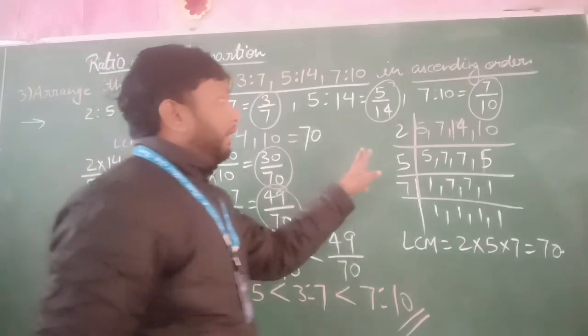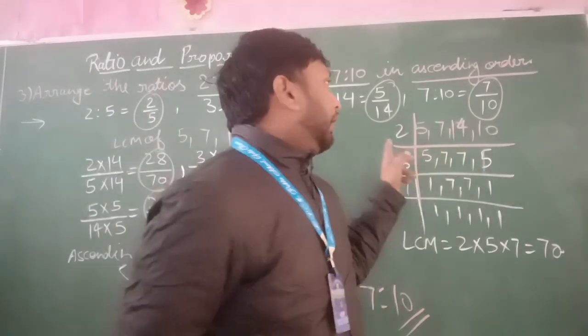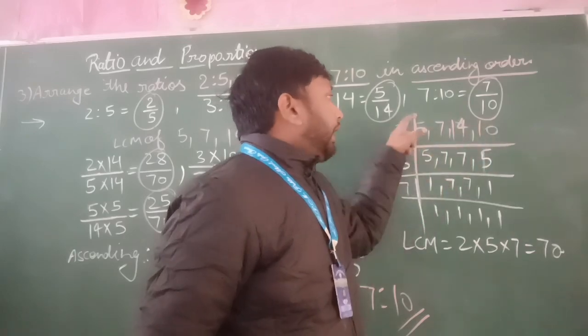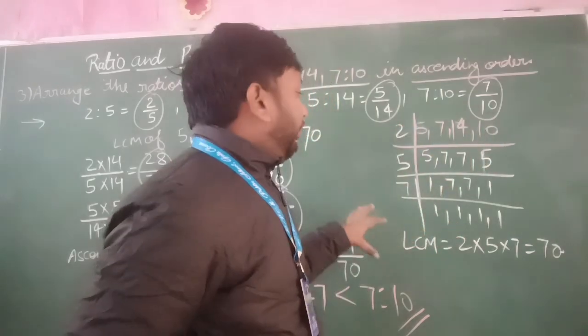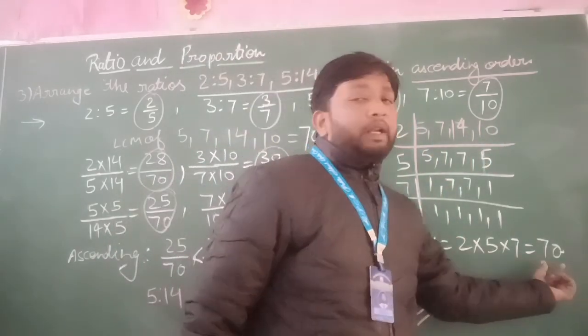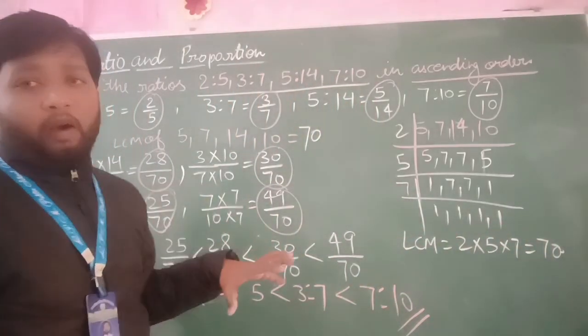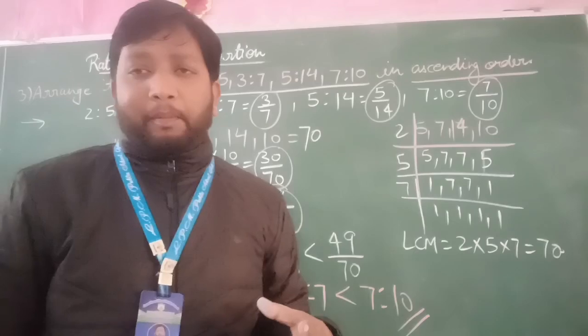So we will find the LCM there. If we find the LCM of 5, 7, 14 and 10 by prime factorization, the LCM will be 70. Now we make all the denominators 70 by multiplying by some numbers.